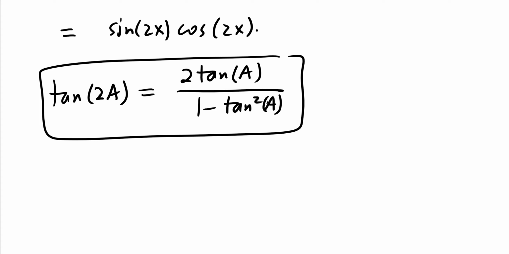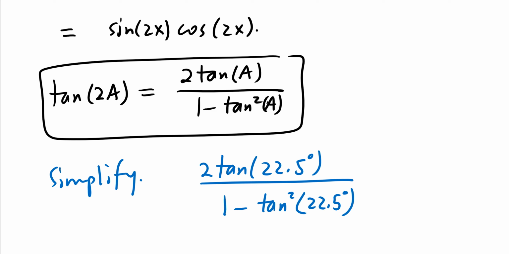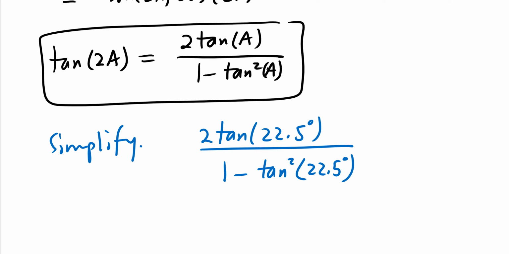How can we apply this? Let's say we are asked to simplify 2 tangent 22.5 degrees over 1 minus tangent square 22.5 degrees. Well, if I look at the formula right above this, that tells me A is 22.5.